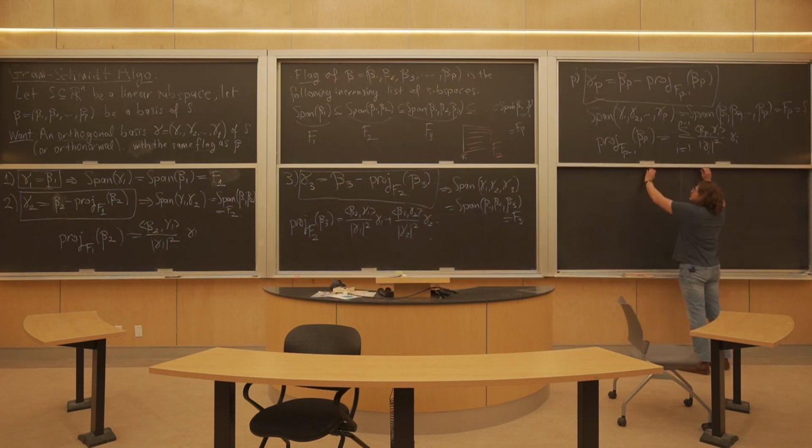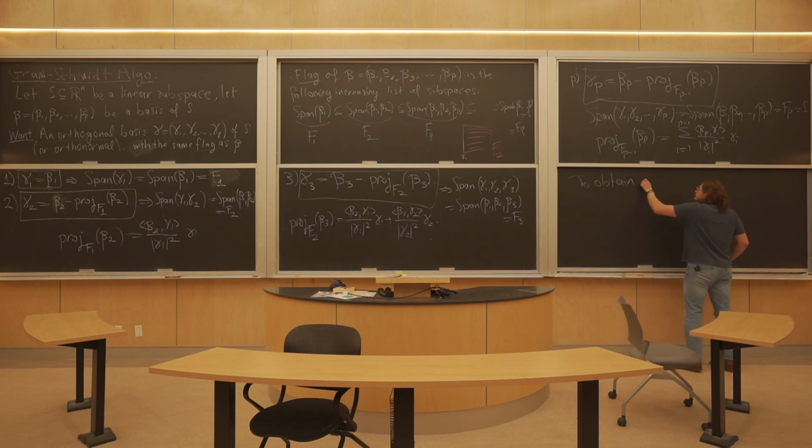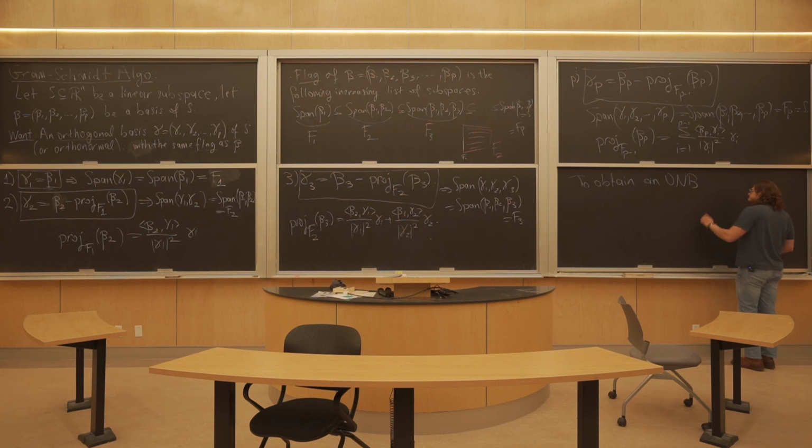So let me write it like this: for an orthonormal basis, normalize the gamma i's whenever you feel like it.